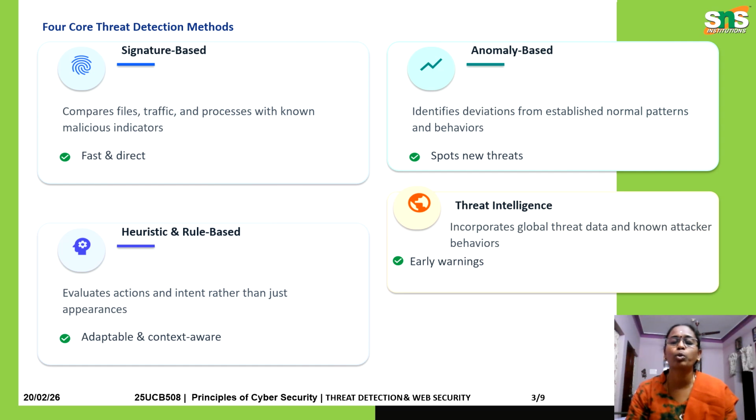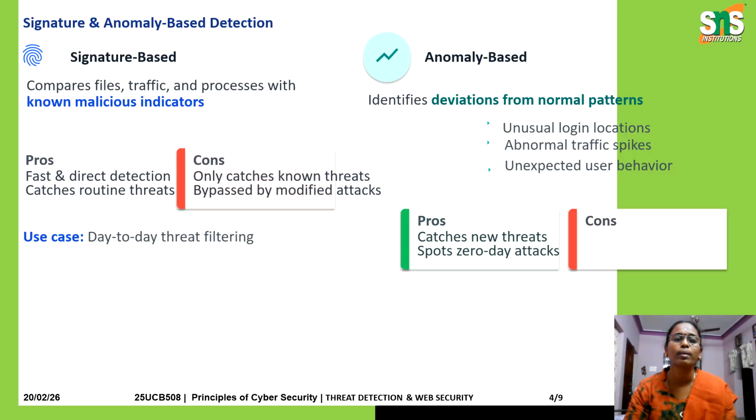Anomaly based detection looks at data transmitted or accessed by an unauthorized person or hackers. Threat intelligence incorporates global threat data, giving early warning about known attackers or behaviors. All four are popular methods for threat detection.